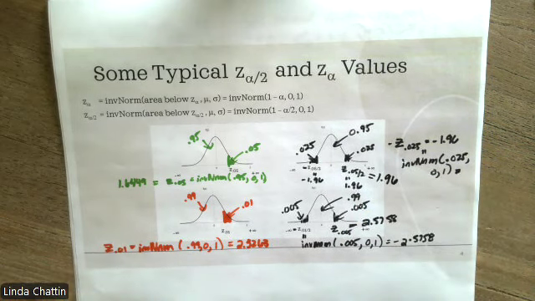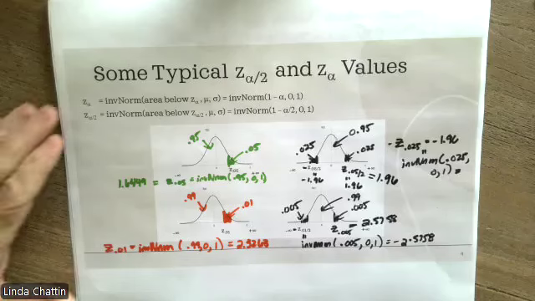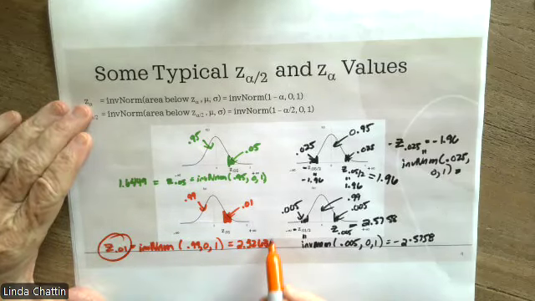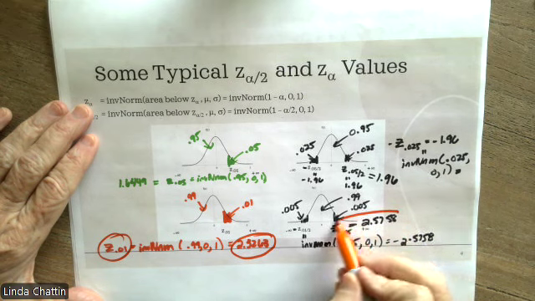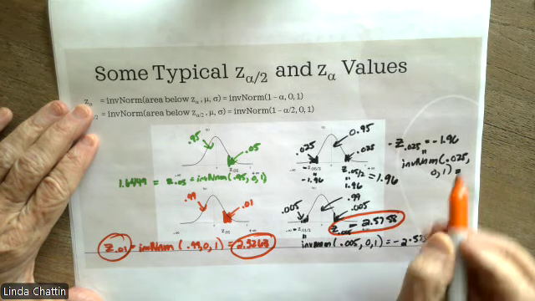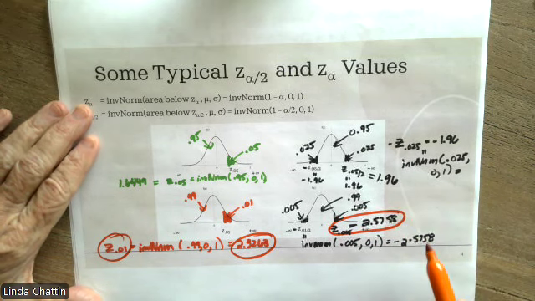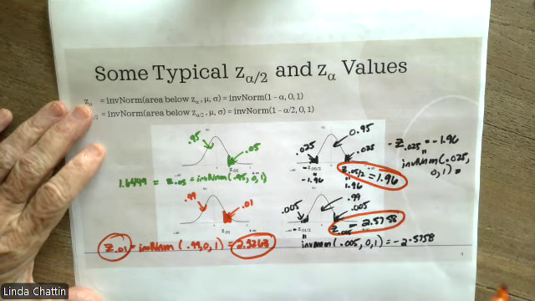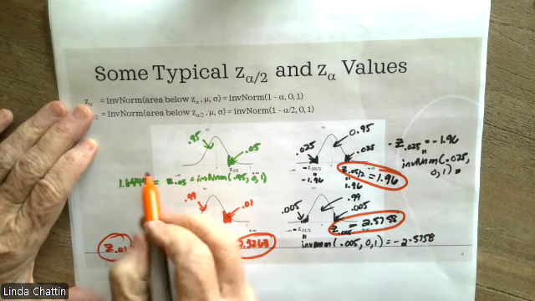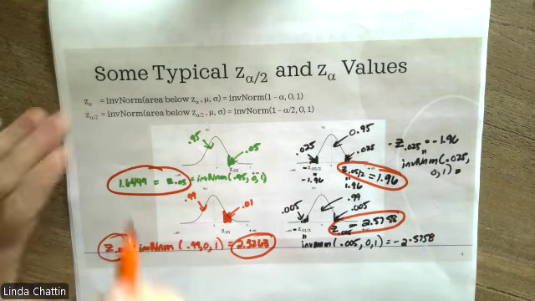What I wanted to point out is that you are going to be using these values a lot. So z of 0.01 is 2.3263. Z of 0.005 is 2.5758. Z of 0.025 is 1.96, and z of 0.05 is 1.6449.